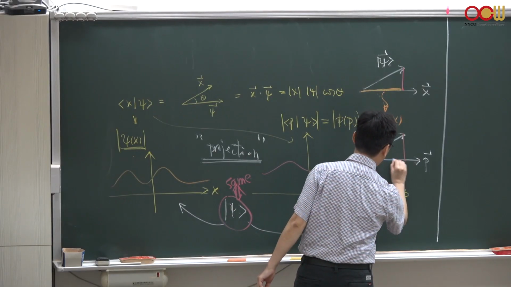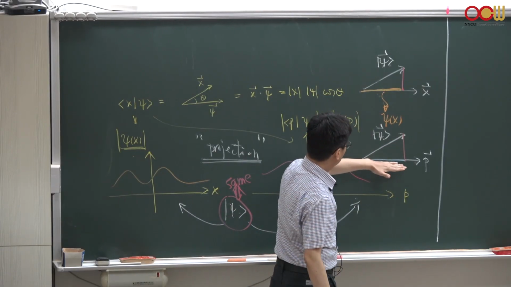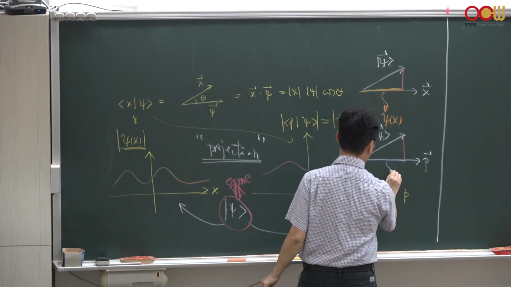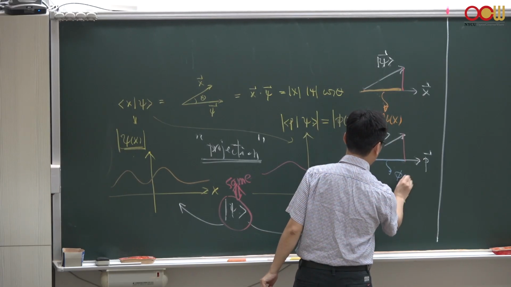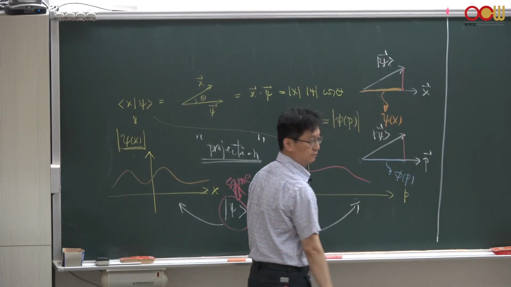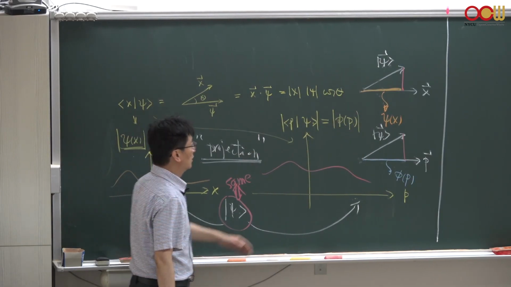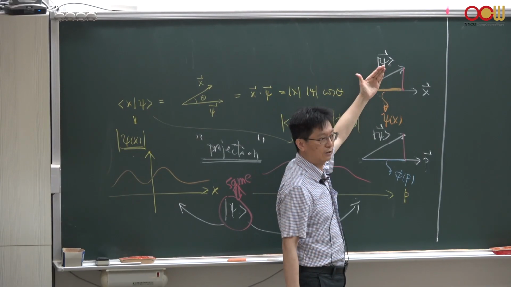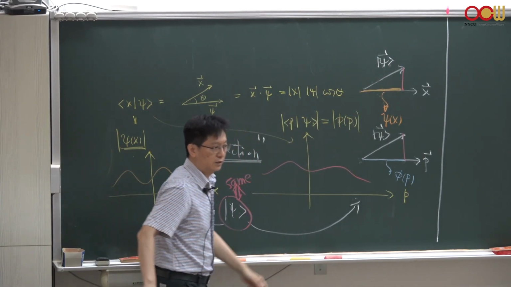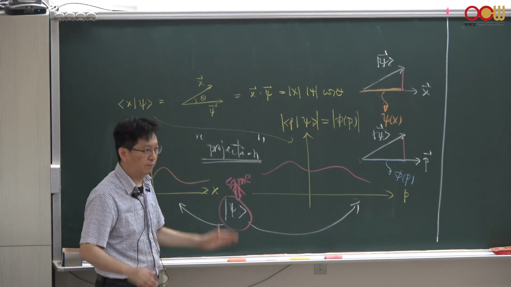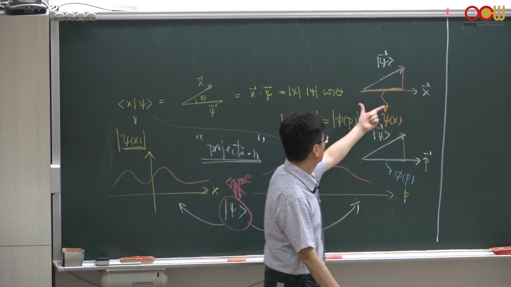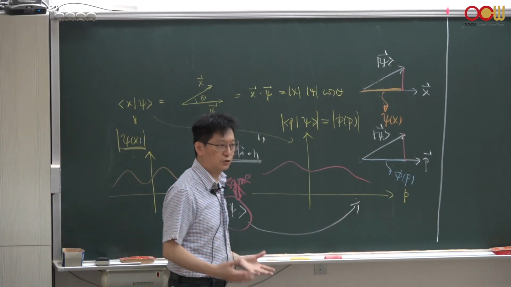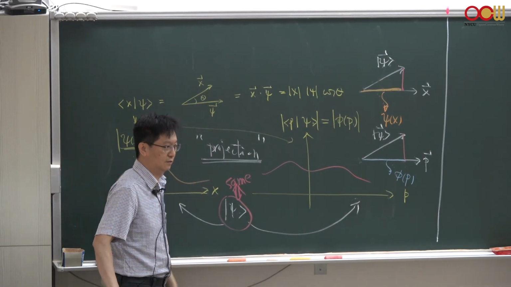This projection, the length of this blue line, is phi of p. So in other words, I can project this Dirac state onto any arbitrary eigenstate I like, and the amount of the projection, either orange or blue, represents the wave function in that eigenbasis.